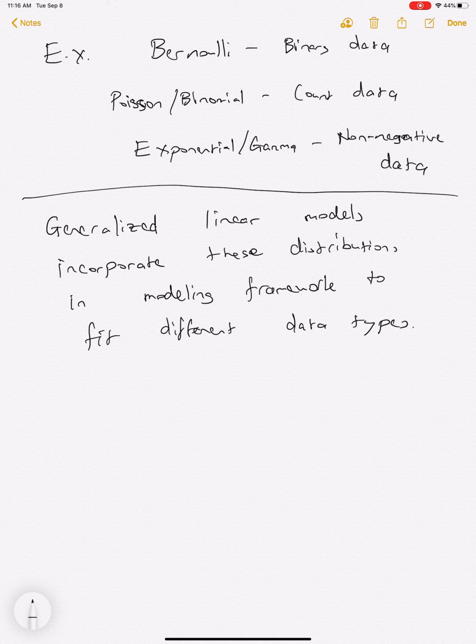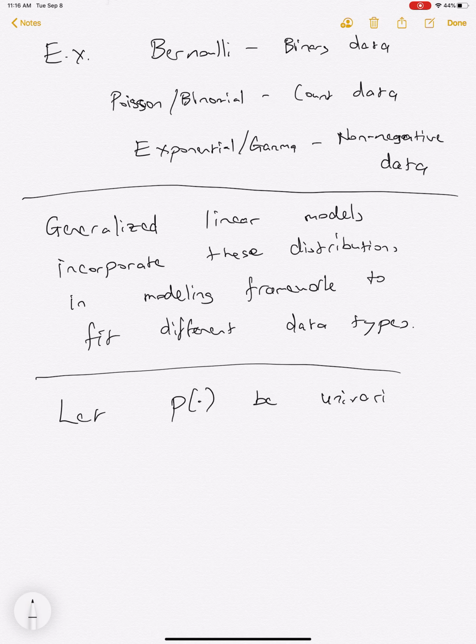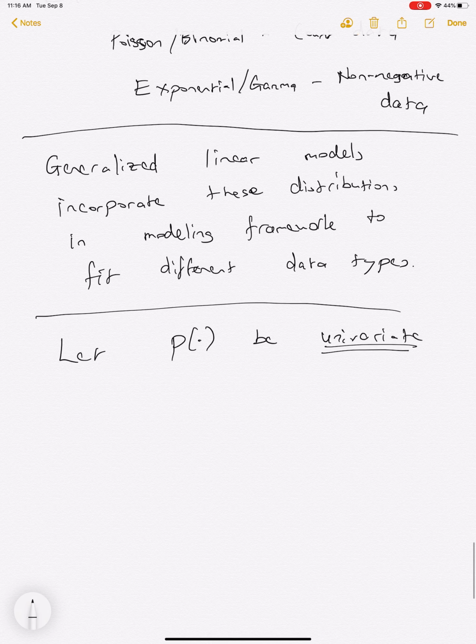So we're going to say let P be a univariate distribution. We're going to be univariate at times when we discuss this, because distributions like the Bernoulli, Poisson, binomial, exponential or gamma, you've only really learned in the univariate case, and actually generalizing them to the multivariate case is quite challenging. But so we let P be a univariate distribution.